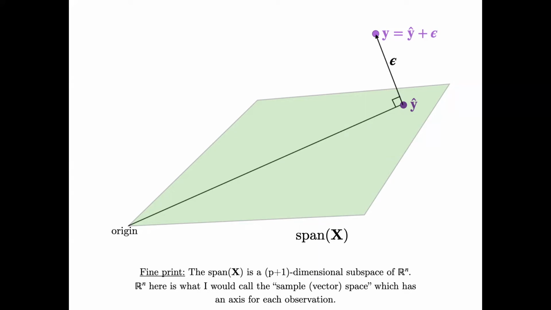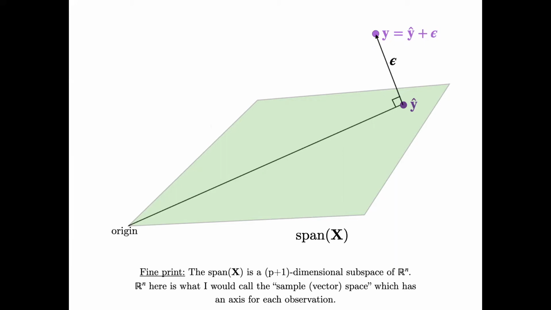So I think overall, students can grasp this concept, but when they really start thinking about the span of X, they start to confuse themselves again. And I understand that. It's taken me a long time to get to a level of comfort with this, that it's second nature. The fine print here is that the span of X is a p+1 dimensional subspace of R^n. p+1 because I have p variables plus the intercept.